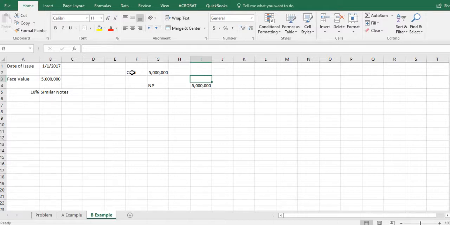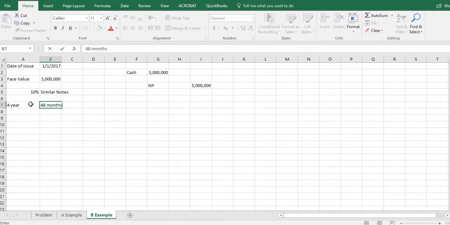We received 5, we're going to pay 5, and we're going to pay that out in 4 years. So we have a 4-year term, which is 48 months. But where's our interest? What do we do when we figure out what this really discounts back to? Because we want the present value currently.